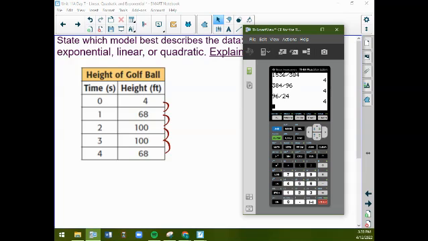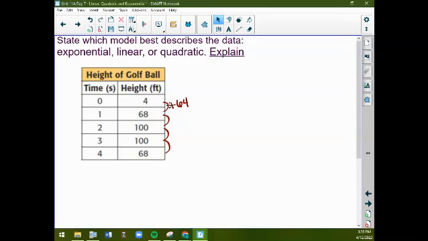Let's check to see if there's a common ratio. So I do 68 divided by 100. That gives me 0.68. And then, wait, the next one would be 100 divided by 100. Well, that's 1. So there's no common ratio. There's no common first difference, which means let's find the second difference. Okay, so 68 minus 4 is going to get me 64.